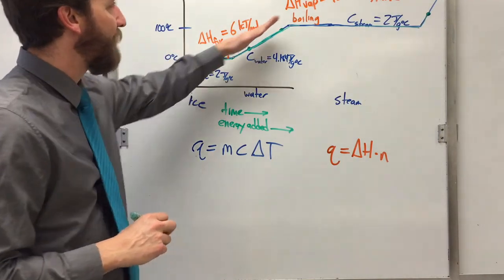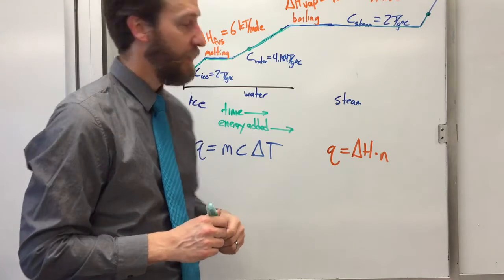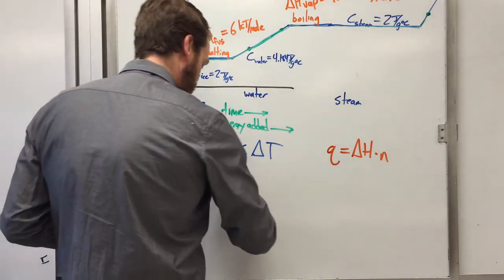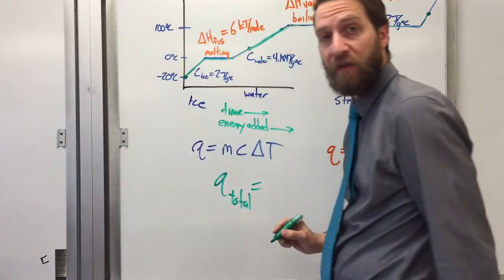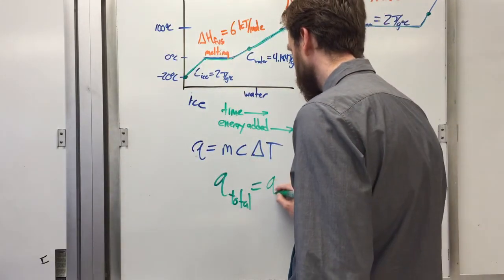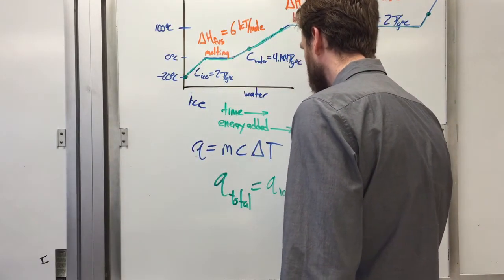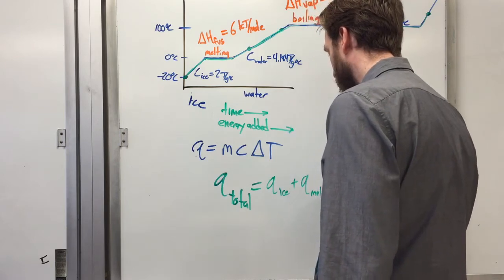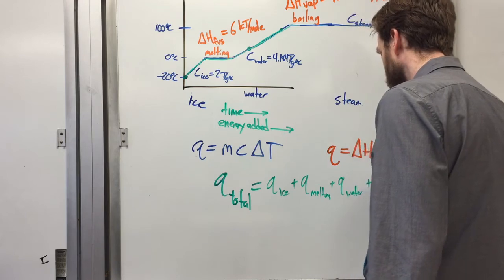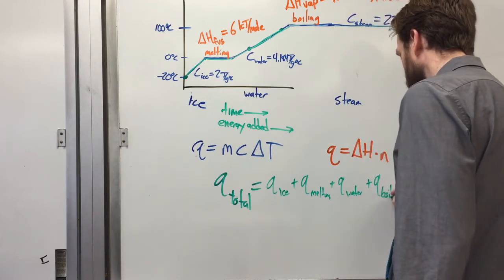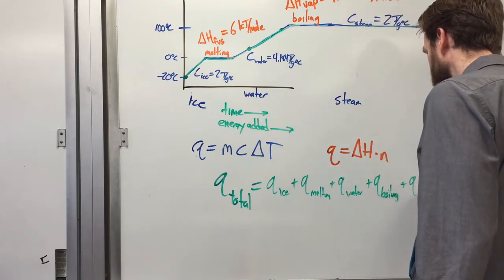You might have 5 different regions of the heating curve that you have to go through. So your Q total, your total amount of energy, might involve 5 separate calculations. You might have a Q for the ice, you might have a Q for the melting, a Q for the water, a Q for the boiling, and a Q for the steam.